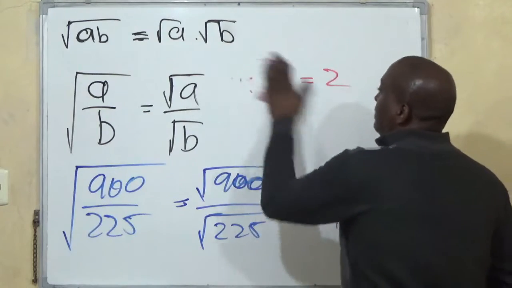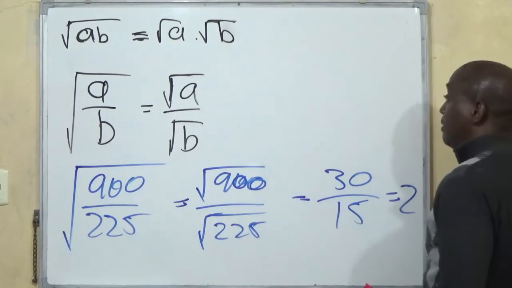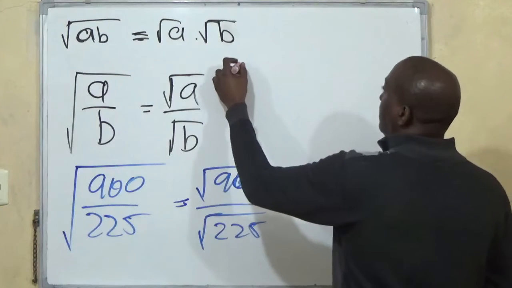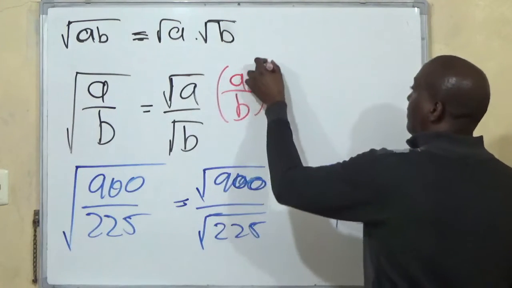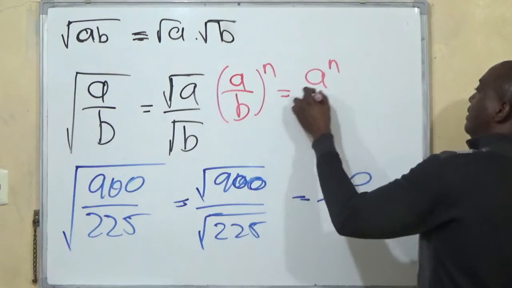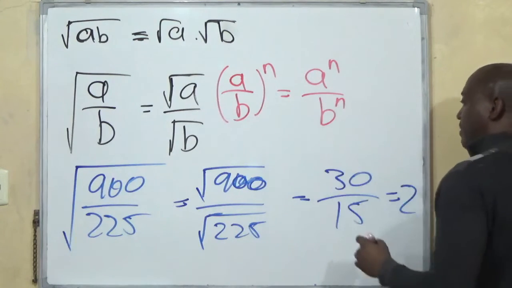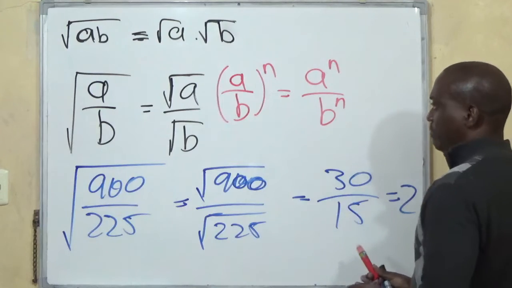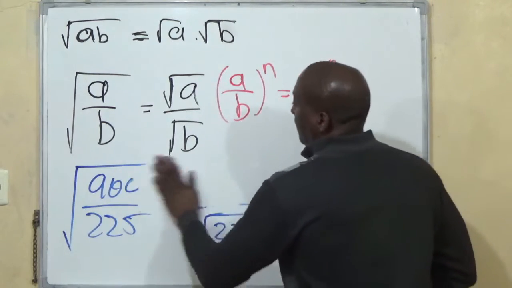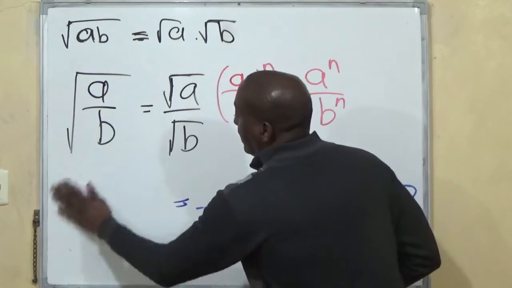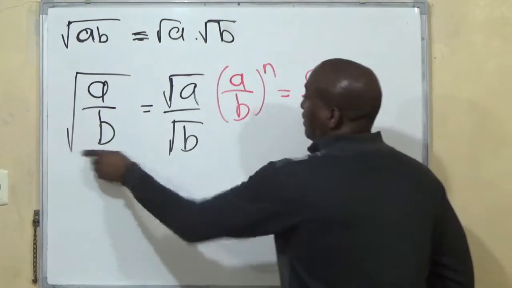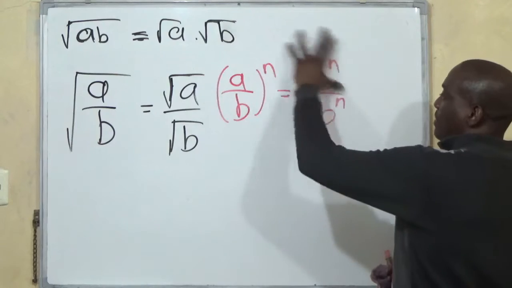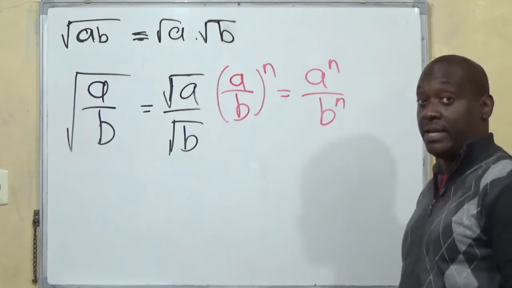So in rule 10, remember we had said that A over B to the power of n was A to the power of n over B to the power of n. And we are saying that rule number 12 in black over here is a special case of rule number 10 in red over here.